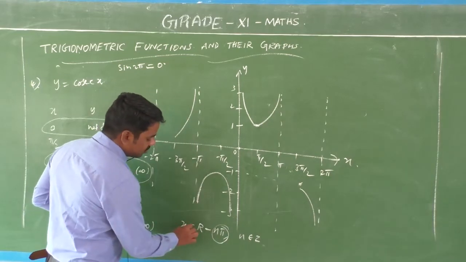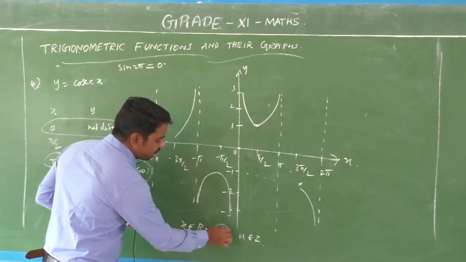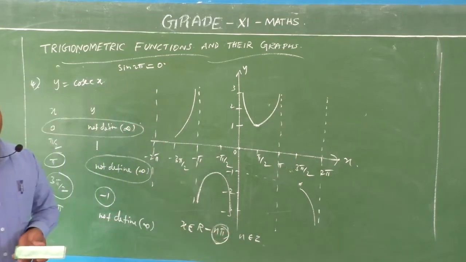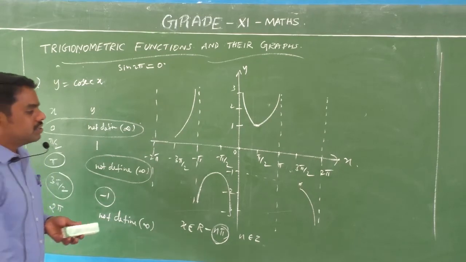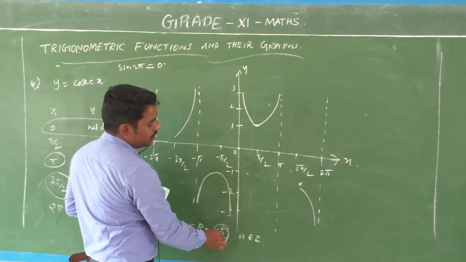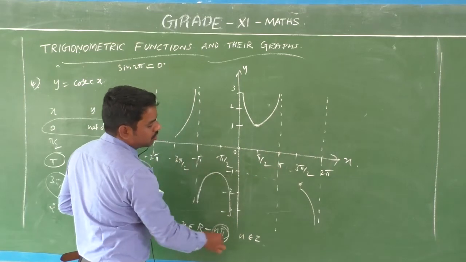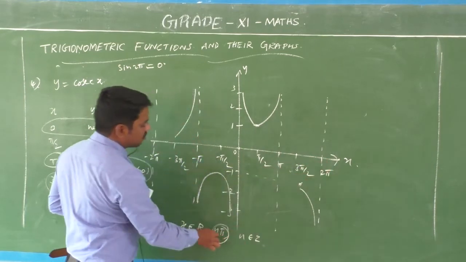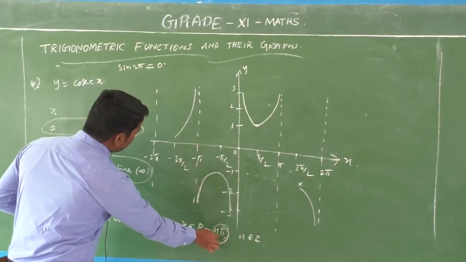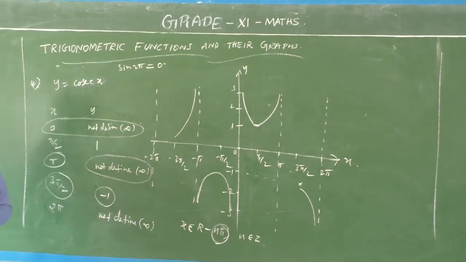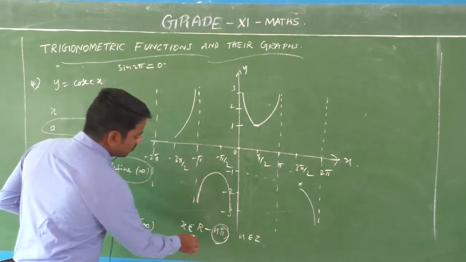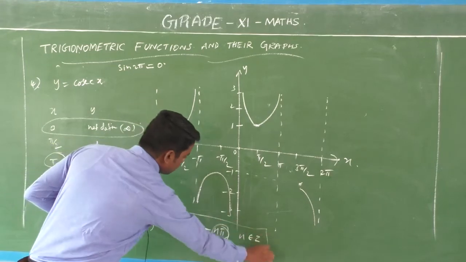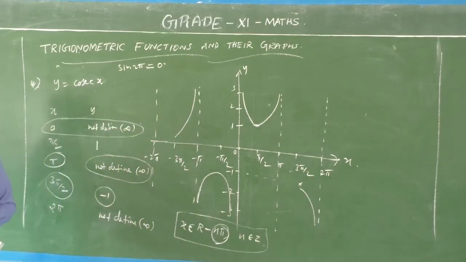So x cannot take the n pi terms: n equal to 0 gives 0, n equal to 1 gives pi, n equal to 2 gives 2 pi, n equal to minus 1 gives minus pi, n equal to minus 2 gives minus 2 pi. Those are not defined, so x is not equal to n pi.